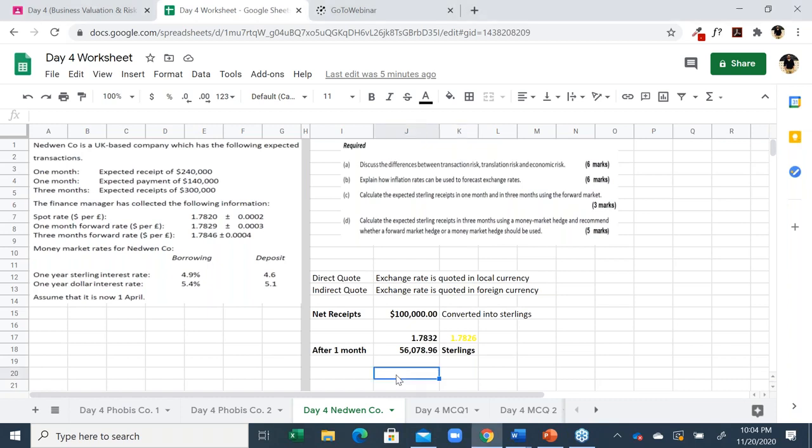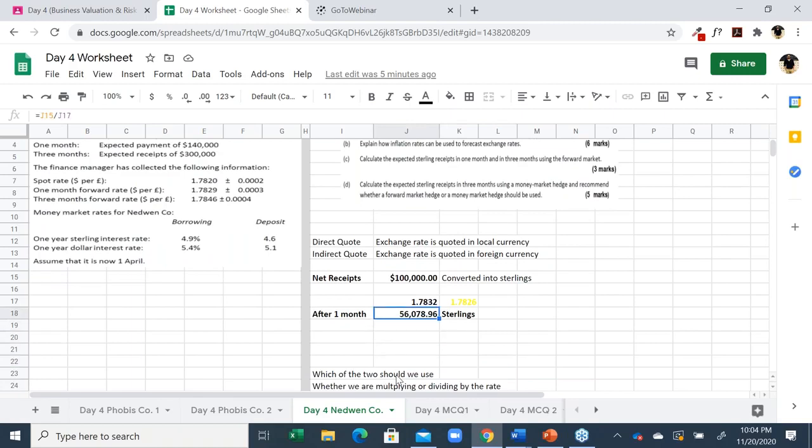So I hope you people have done it. Let's quickly do it. The only change is that we need to pick the 3 months forward rate instead of the 1 month.